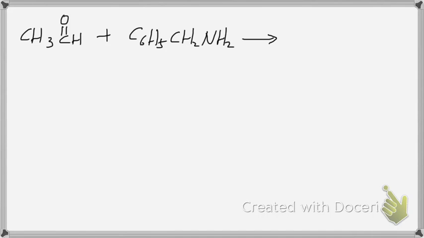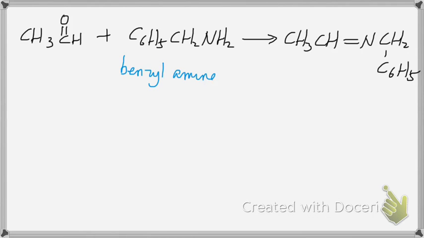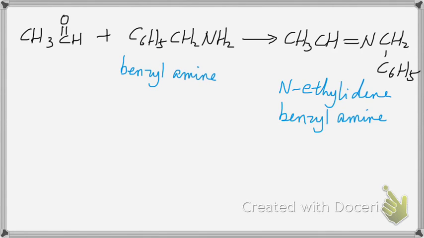So what will be the product from the reaction of acetaldehyde and benzylamine? So the nitrogen of the amine will attack on the carbonyl, and eventually it forms a C=N double bond. That's the product.